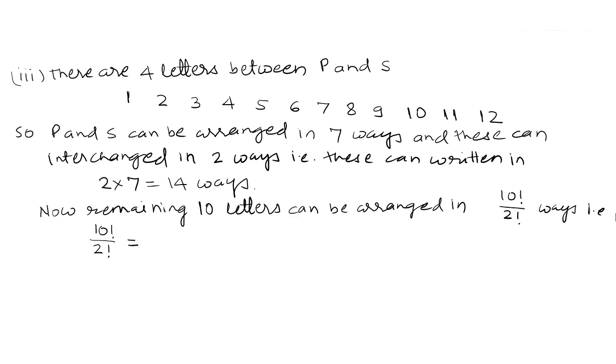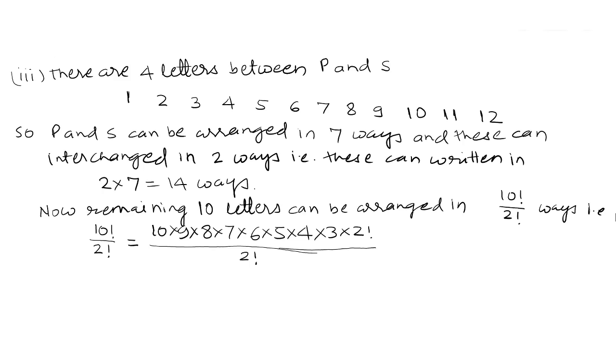Now the remaining 10 letters can be arranged in 10 factorial upon 2 factorial ways. 10 factorial upon 2 factorial equals 10 multiplied by 9 multiplied by 8 multiplied by 7 multiplied by 6 multiplied by 5 multiplied by 4 multiplied by 3 multiplied by 2 factorial upon 2 factorial.